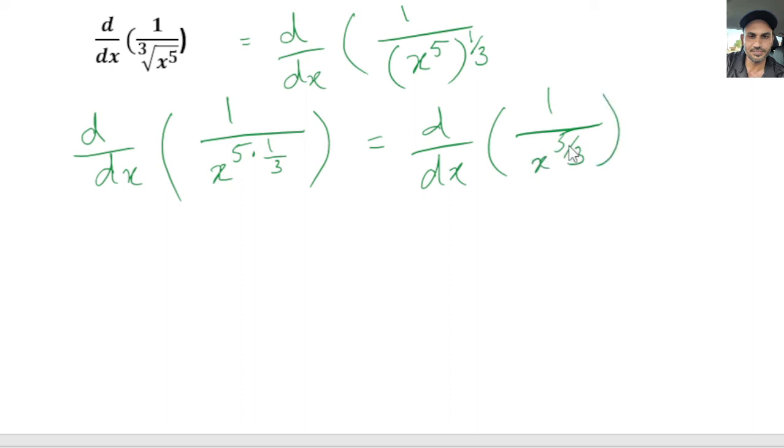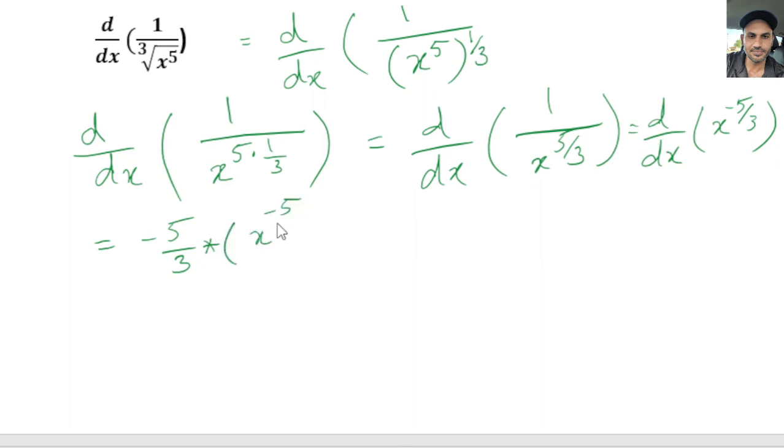So now we have this form right here, and then we can take it to the numerator, d over dx. We can write it as x to the negative 5 over 3. And then we take the derivative. So negative 5/3 becomes the coefficient or the multiplier of the function, and then we have x to the negative 5/3 minus 1. We subtract 1 from the exponent when we take the derivative.